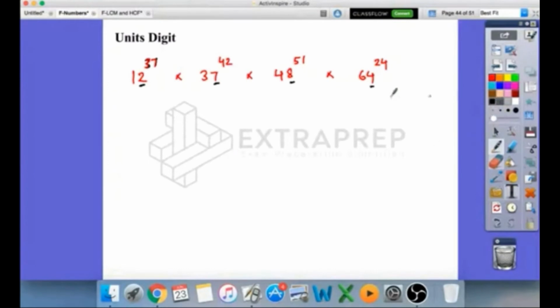What we do is, first we'll find the units digit of 12 power 37, the units digit of 37 power 42, the units digit of 48 power 51, and the units digit of 64 power 24, and then you'll multiply them to get the answer. That's the idea. Is the idea understood? Once the idea is understood, how do we find the units digit of these particular values?